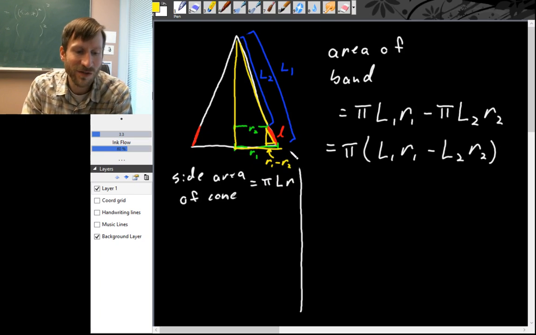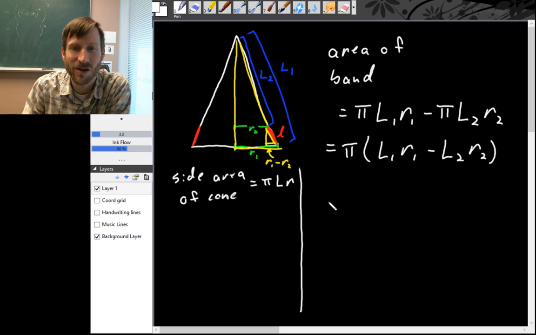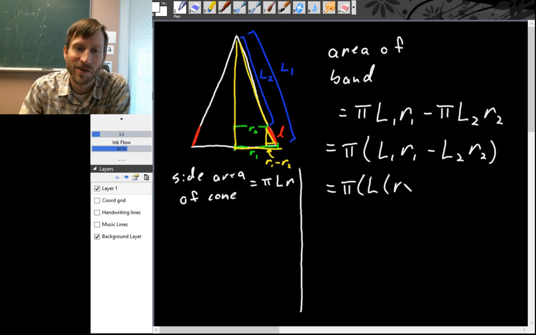So to make use of the fact that these triangles are similar, we actually need to get R1 minus R2 into the game. And we have an R1 here, so we can make R1 minus R2 appear like this. It's a bit of a cheap trick, but we have R1 minus R2 plus R2 again. And then minus L2 times R2.